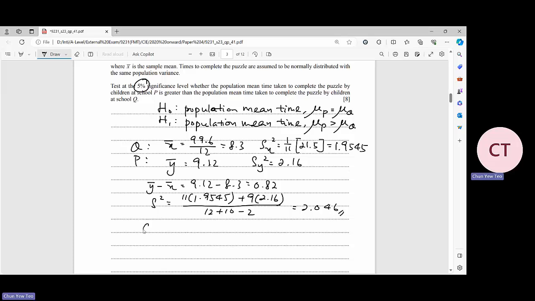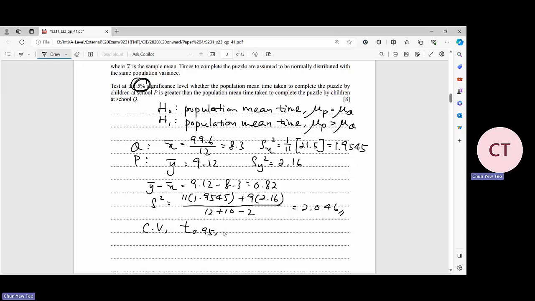Now I want to find the critical value. This is a one tail test. The question says 5% significance level, that means it's a 95% confidence level, so this one is 95%, one tail.